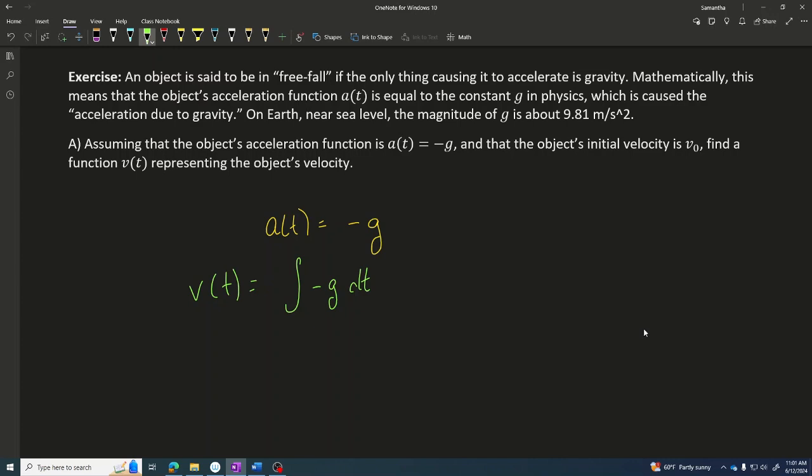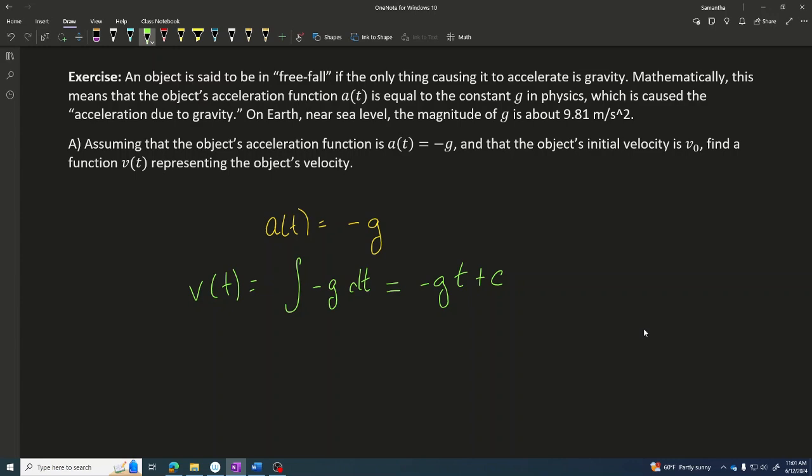Using the indefinite integral, I'm going to start by writing down the format of all possible antiderivatives. If I integrate this number, negative g, then the integral of a number is just the number times the variable. So negative g times t in our case. And then we have the unknown constant, plus c, in the back.